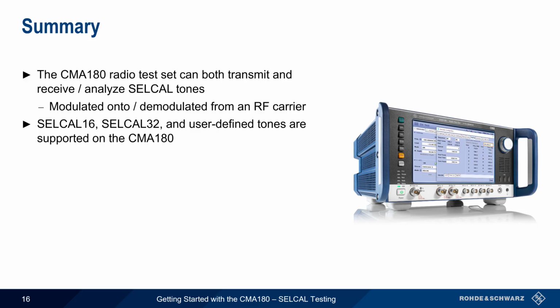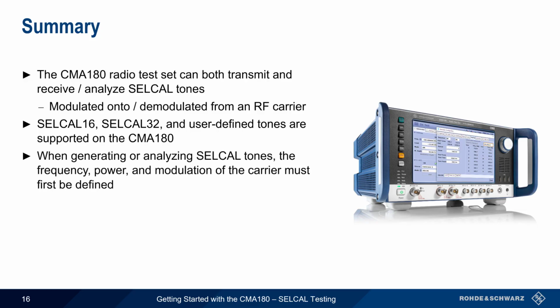User-defined tones are also supported. Generation and analysis of SELCAL tones requires first defining the frequency, power, and modulation type of the carrier. Analysis of received SELCAL tones provides the digits corresponding to these tones, as well as the frequencies, deviations, and timings of those tones. This concludes our presentation, getting started with the CMA180 SELCAL testing.